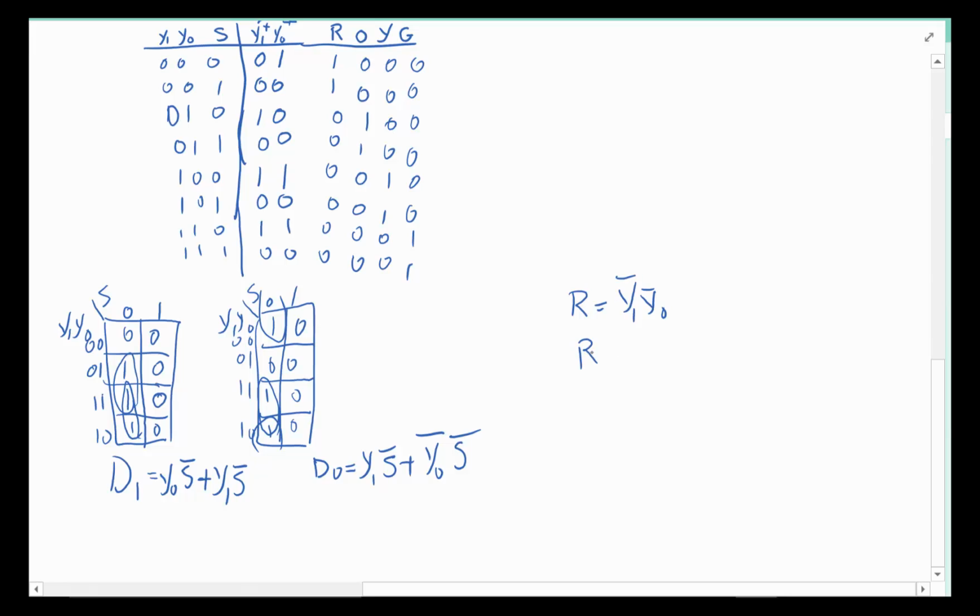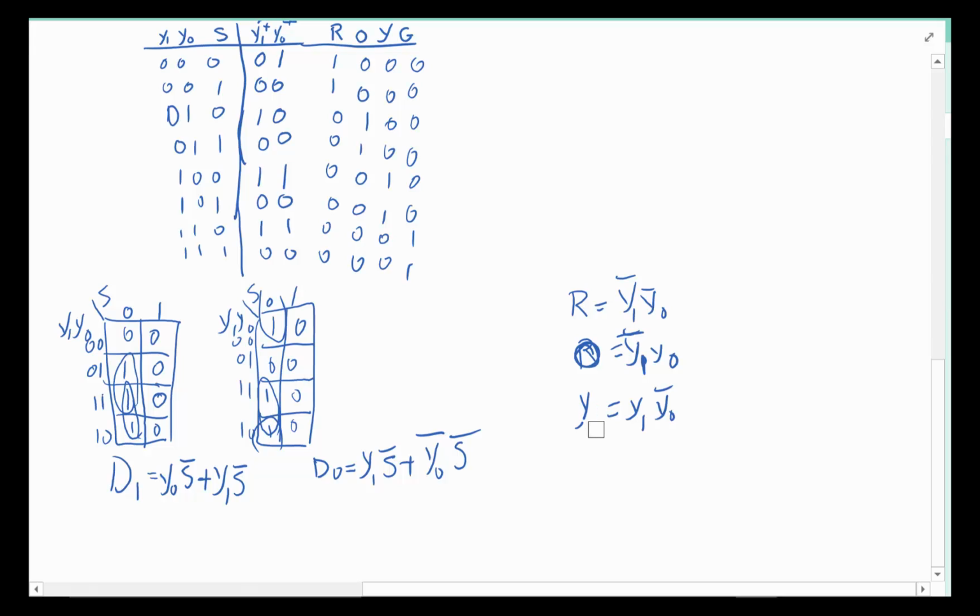R, I'm sorry, O would be Y0 naught Y1 Y0, and then yellow would be Y1 Y0 naught, yellow, not to be confused with Y0 Y1.